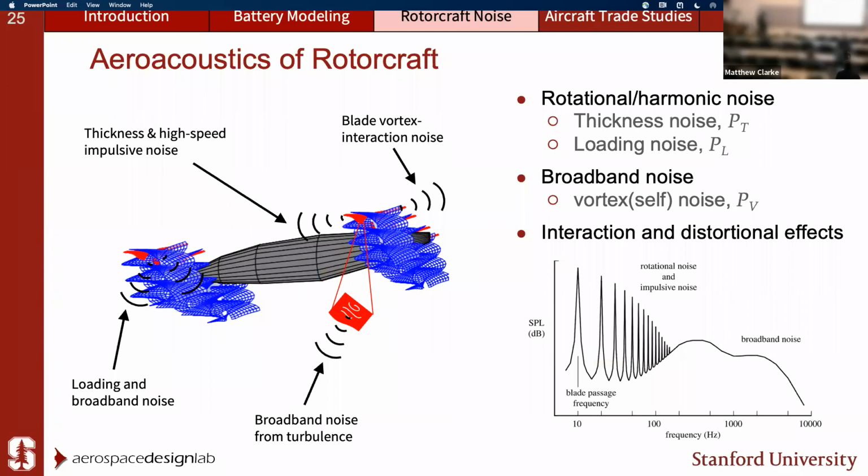Now, in terms of the noise produced by these aircraft, well, this aircraft produces several different types of noise, but this diagram here really summarizes the main contributions. You have contributions that are a function of the rotational frequency. So you have thickness and loading noise. You also have broadband noise, which comes about due to the fact that there's going to be a lot of turbulence, blades impinging on wakes, etc. And then lastly, interaction and distortion effects.